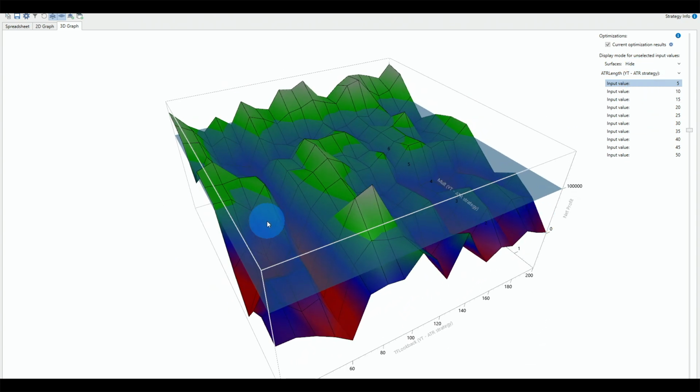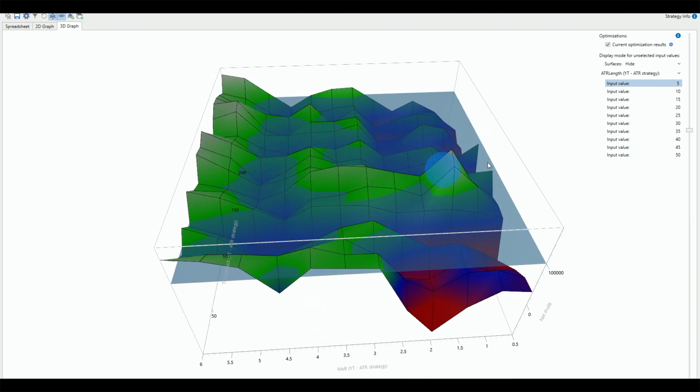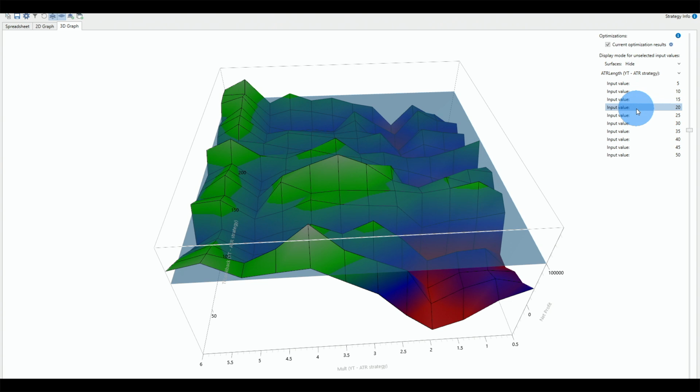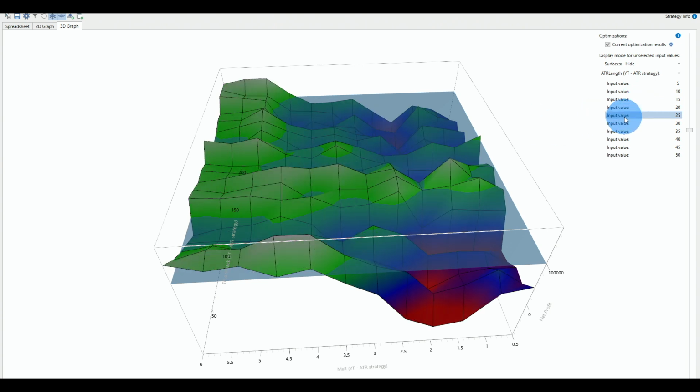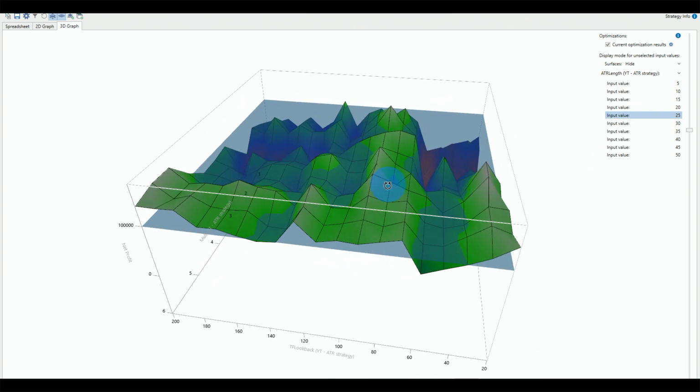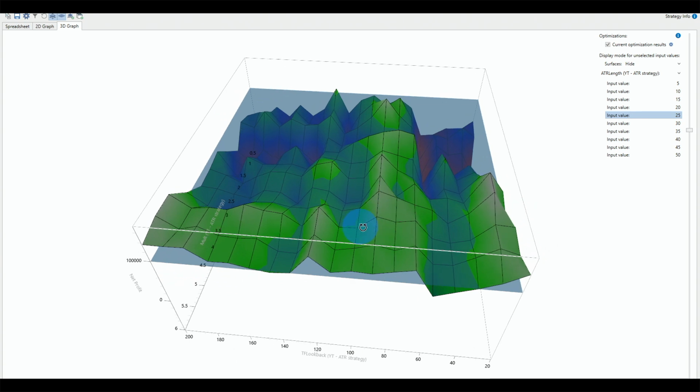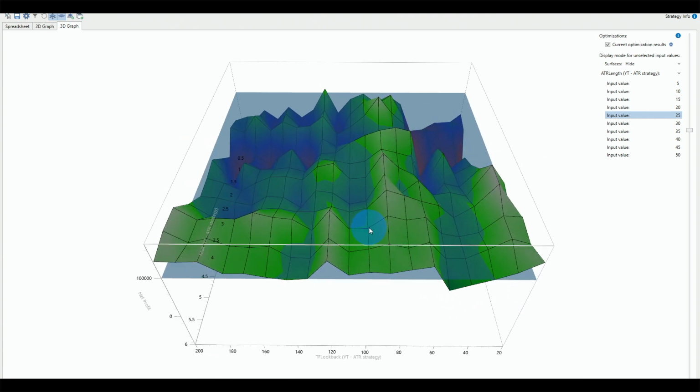Now, what we want to find is a stable area. So let me scroll through them. So this is good. I can see a stable area here, and this is even better. So we can see here a lot of green shows up, and that tells me that this is stable. So now I can pick maybe this one, or even this one, and these will be a stable area.